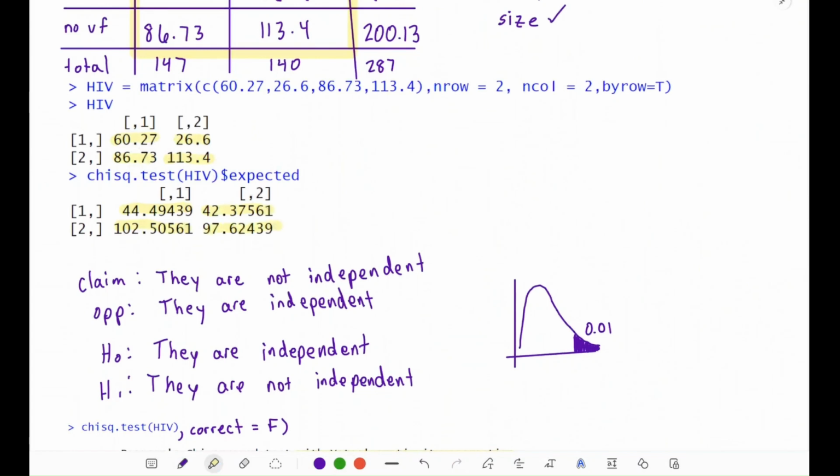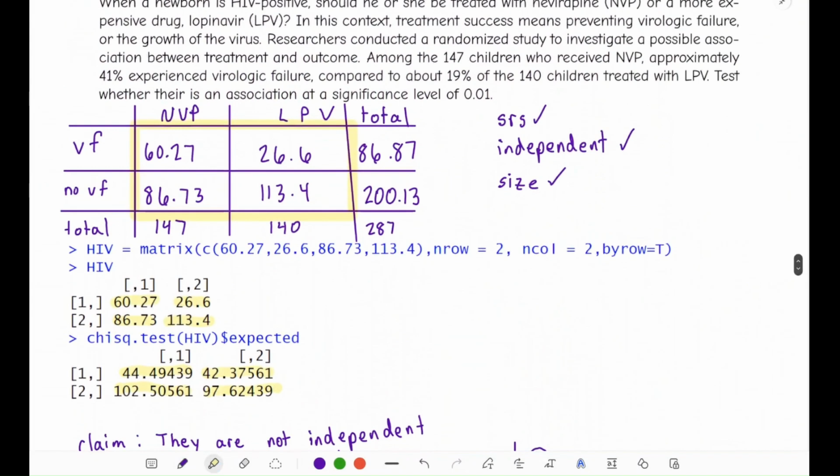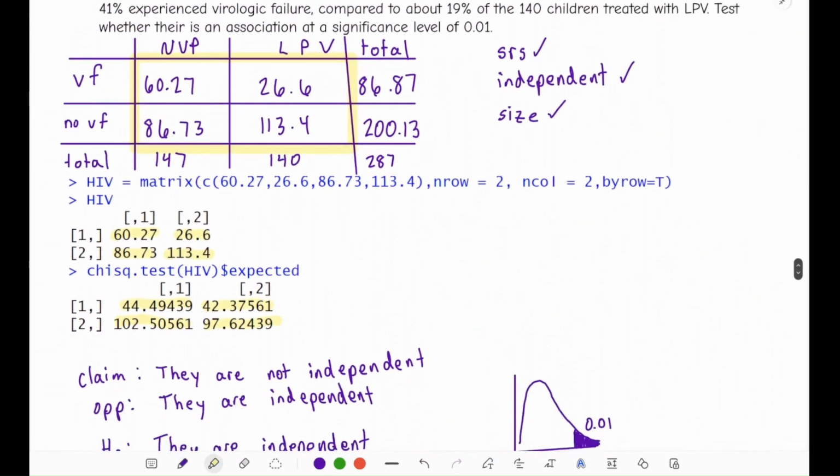But they are all pretty much far away from the expected value, which explains the very low p-value. And which one's better to have higher? The no virologic failure. So this is the success. So since this was lower, it does look like LPV works better.